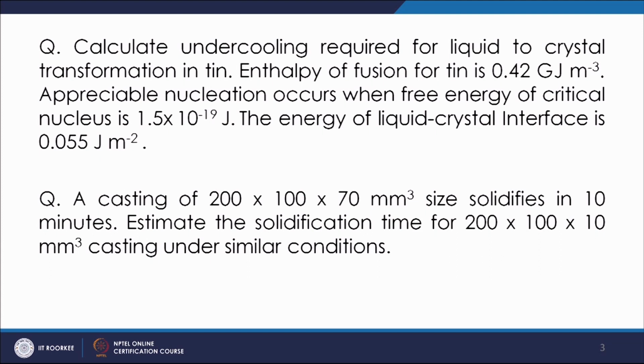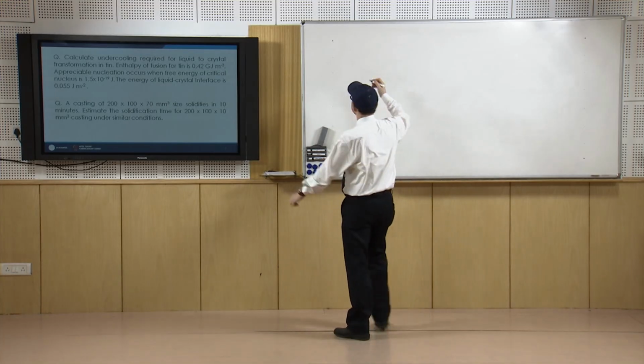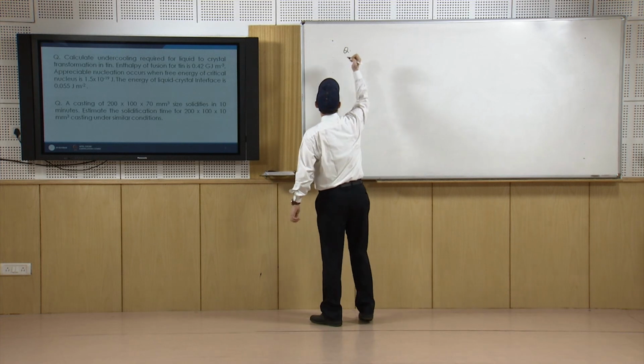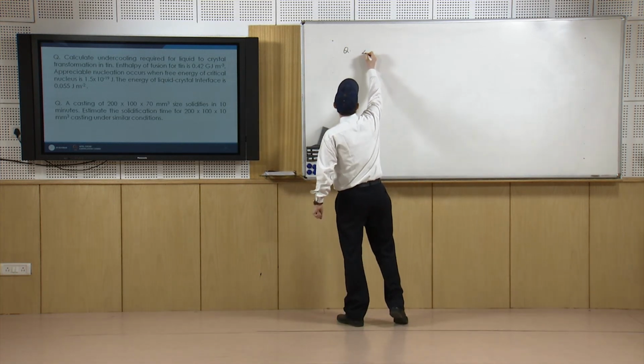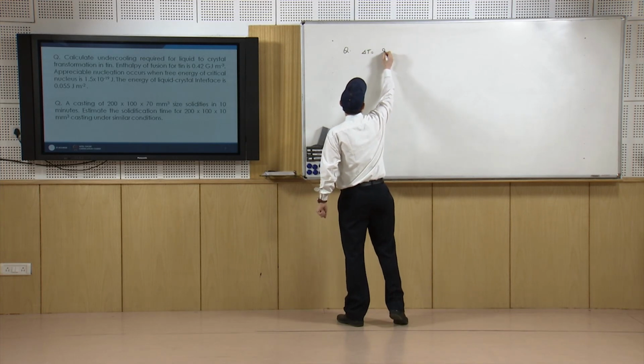The energy of liquid crystal interface is 0.055 joule per meter square. In this question we have to find the undercooling, that is delta T.